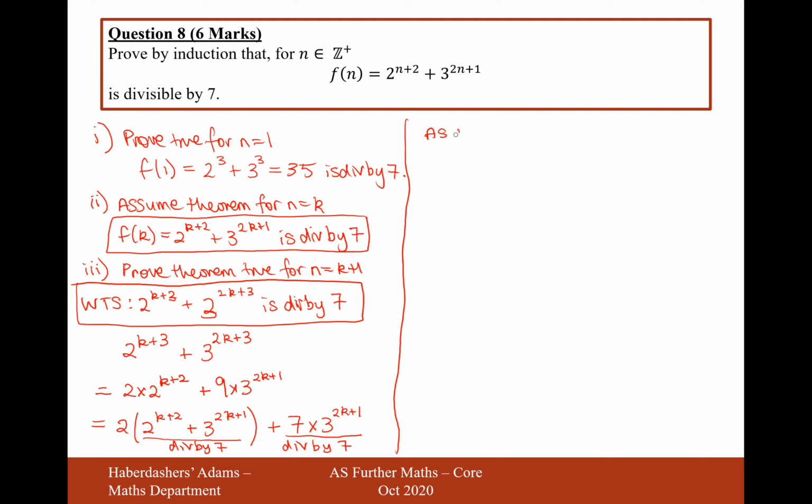As the sum of 2 multiples of 7 is also a multiple of 7, f of k plus 1 is a multiple of 7.